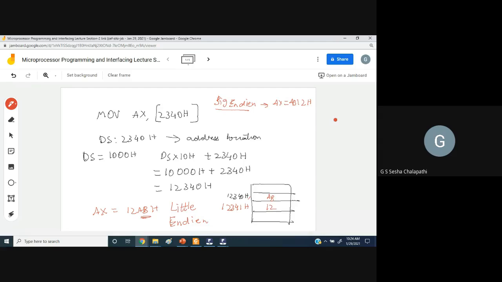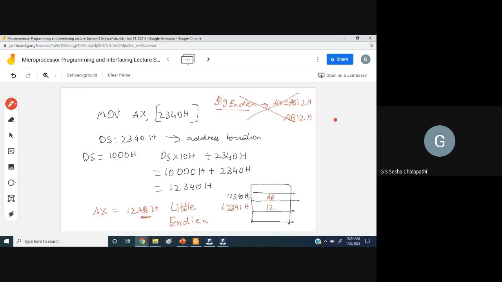If 8086 was big endian format, the result of this particular instruction would have been AB12H. But since 8086 is not big endian, it is little endian format, so it will happen this way. AX will become, sorry, 12ABH.